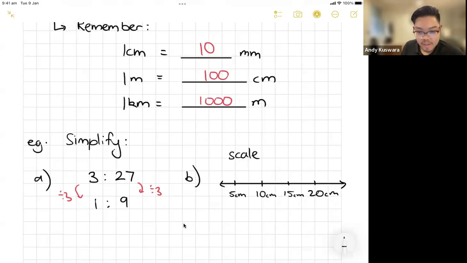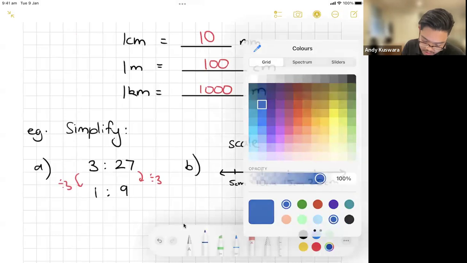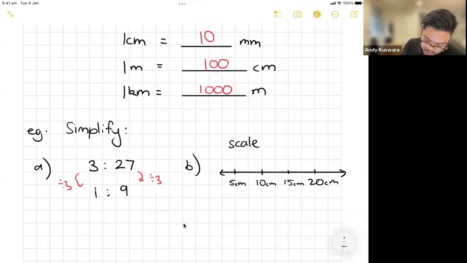Now, there's also this one here. For this one, I'm going to pretend that this is the right scale. You can see here with this scale, I'm going to say that from here to here is 1 centimeter in the real world.